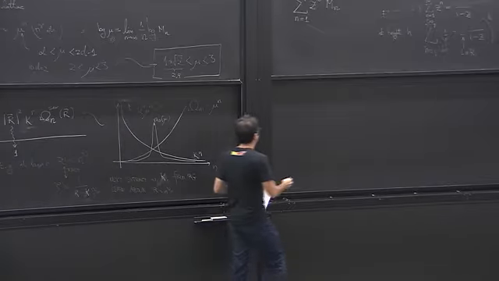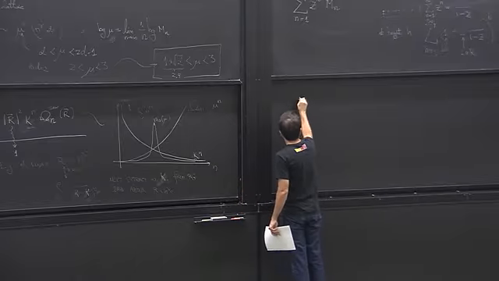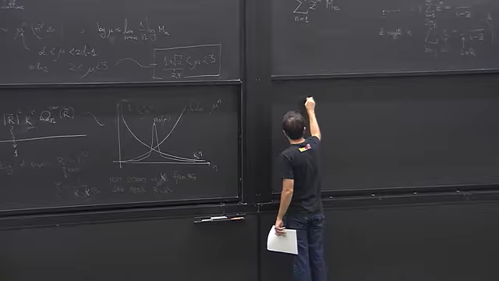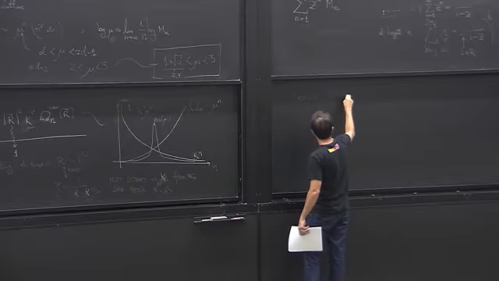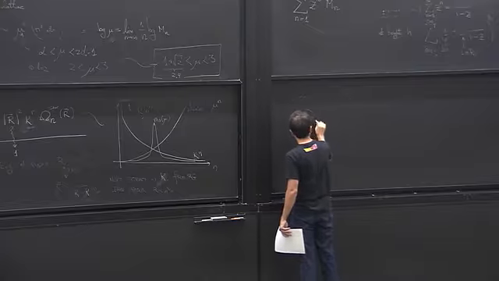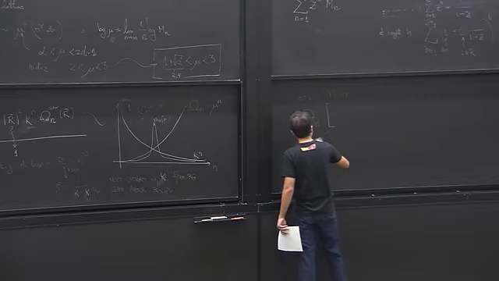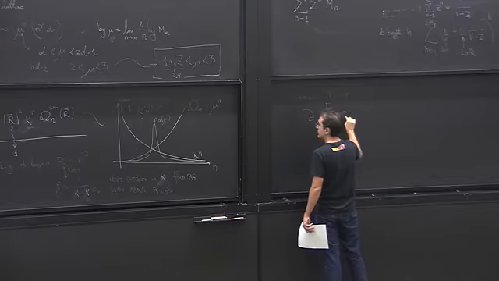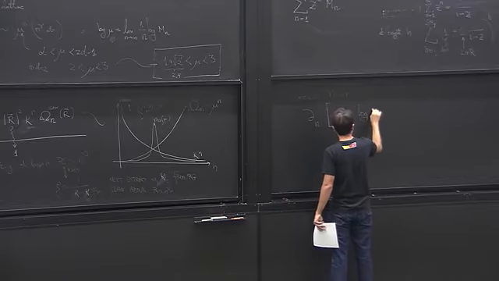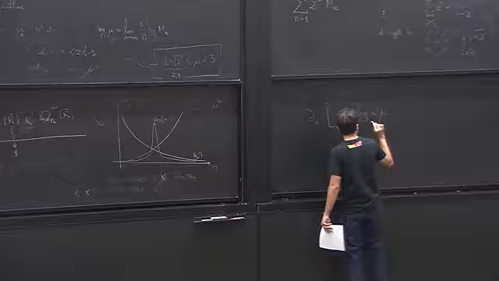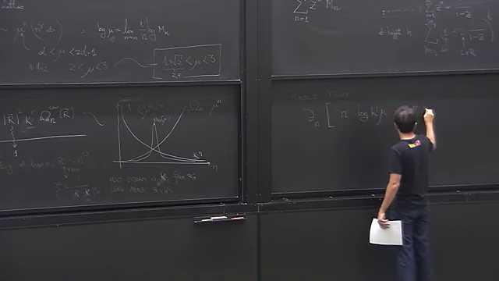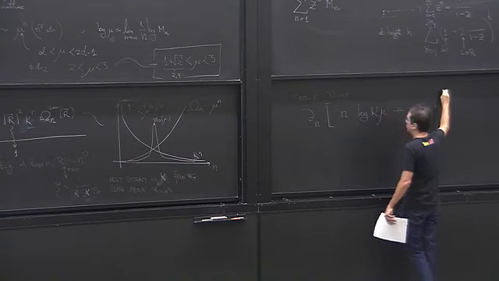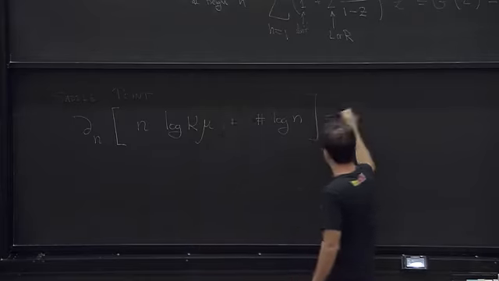And therefore, the saddle point, which is what we are doing in this figure, means that the derivative with respect to n of the exponent is what? It's n logarithm of k mu plus something log n, and that should be equal to 0.